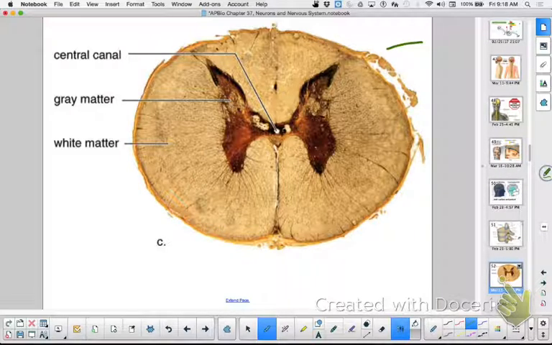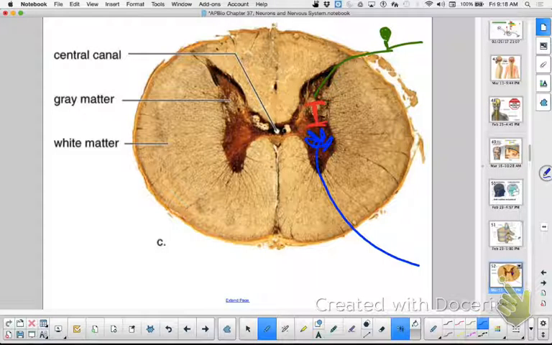The back. Here's their little cell body. Comes in the back right here. It can synapse with an interneuron that's going to your brain and spinal cord, and then a motor neuron would come out the front like this, and then the green and the blue would come together as a nerve fiber. Okay? Sensory in the back, motor out the front.